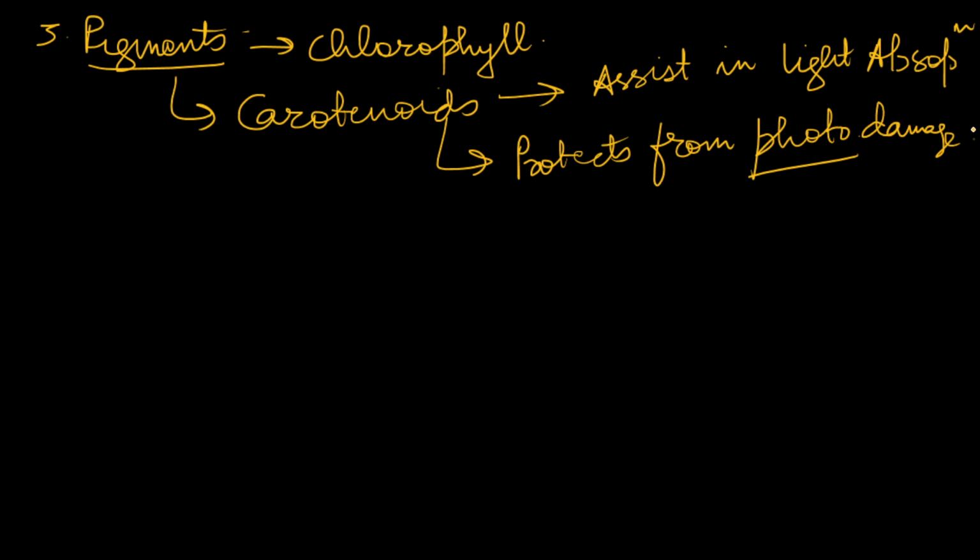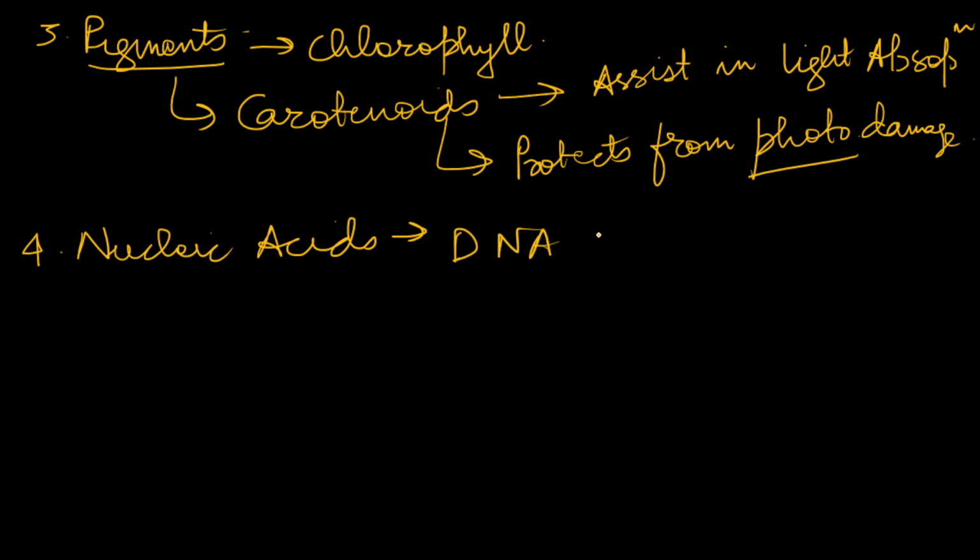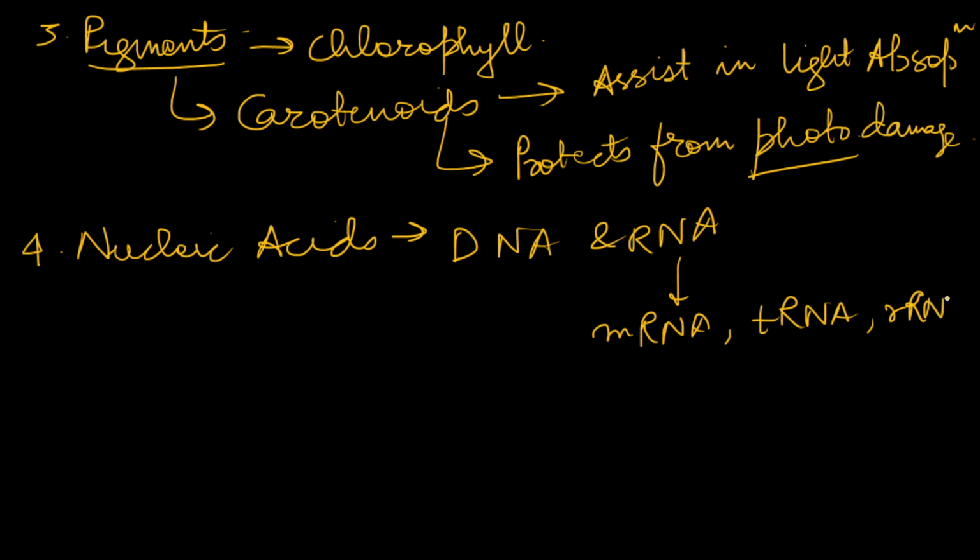Photo damage. Next, you can find your nucleic acids. We all know that chloroplasts have both DNA and RNA. In RNA you will also find mRNA, tRNA, and rRNA, and all these are highly involved in protein synthesis in chloroplasts.